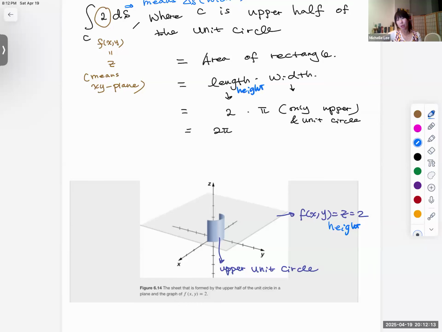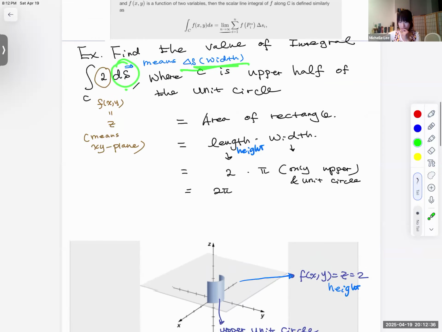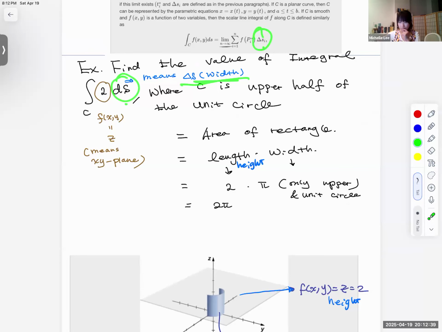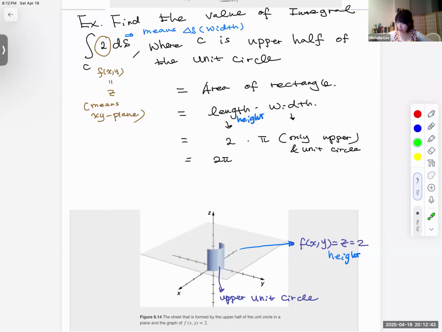The height in this case is 2, because z equals 2, or f of x, y equals 2. Then what's the width? This indicates the width, and the width is the upper unit circle.